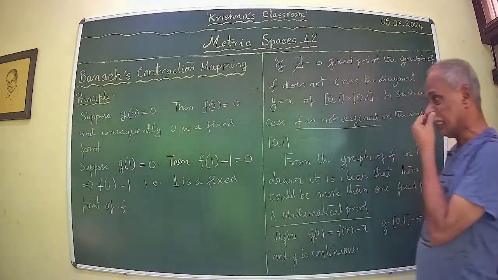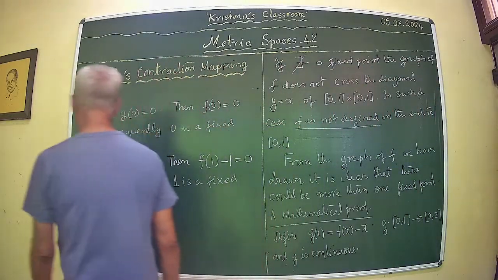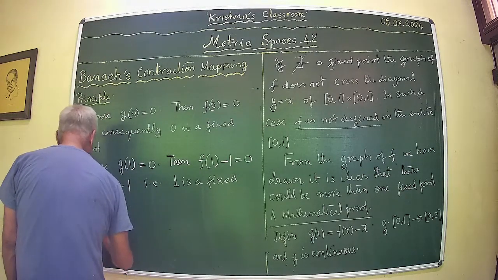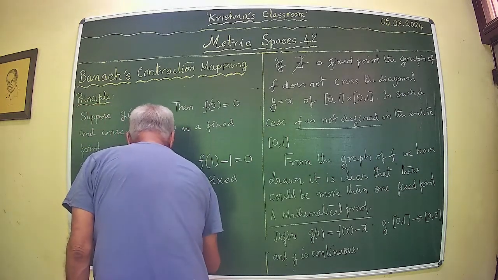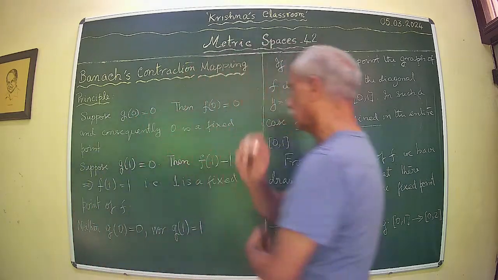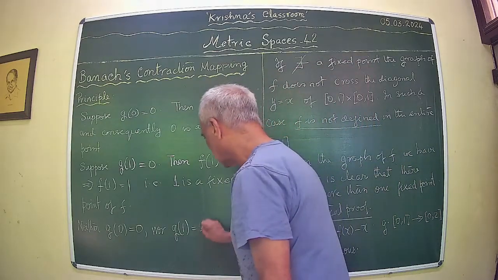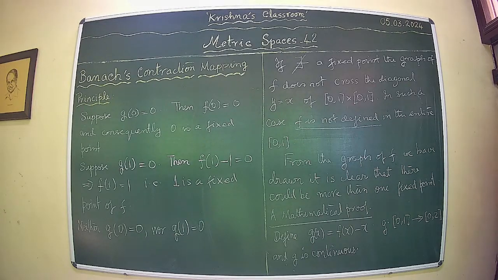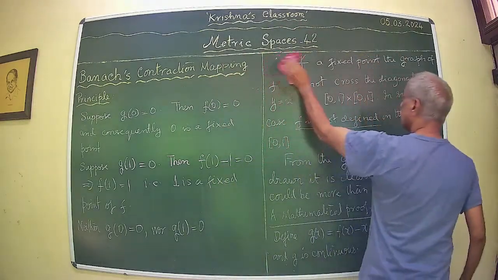Now what one does is this: these are the two different cases that we have looked at. The third possibility is that neither G0 equal to 0 nor G1 equal to 0. Suppose both these cases are not there. Then what happens? I'll draw the graph again.